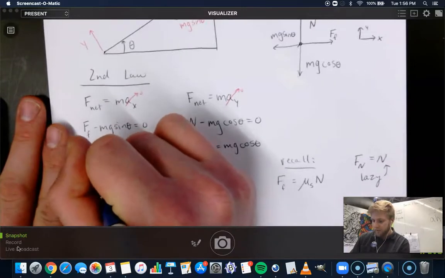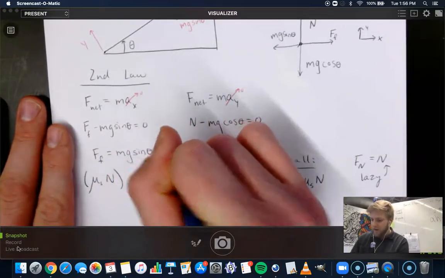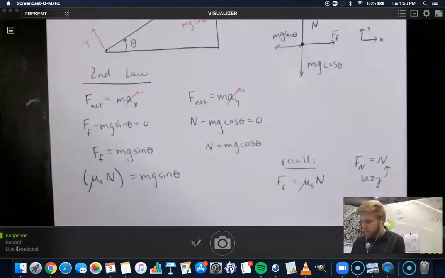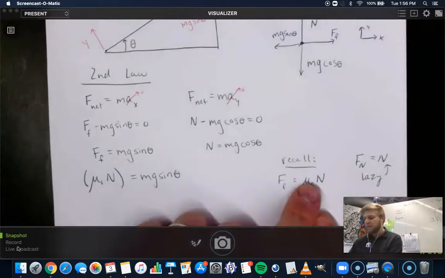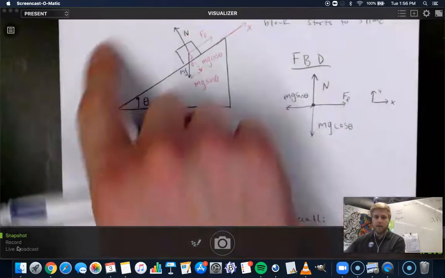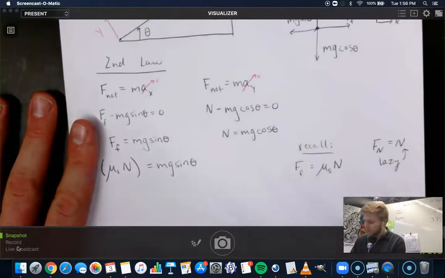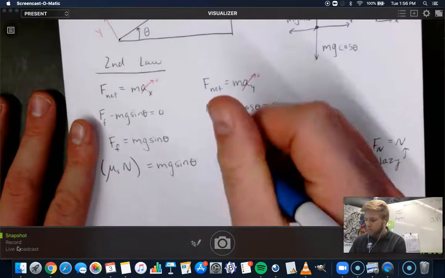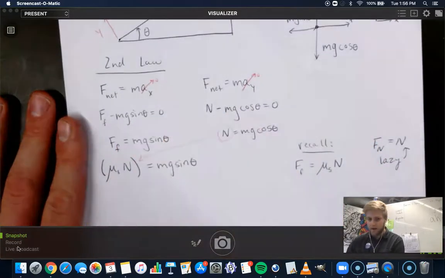Mu s times the normal force equals mg sine theta. And our goal here, now we've got mu s, is to solve for an equation that tells us how we can find the frictional force based on this setup. So where do we go from here? Well, what's really nice is we actually already have the normal force. So we're going to take the normal force and plug it in right here.